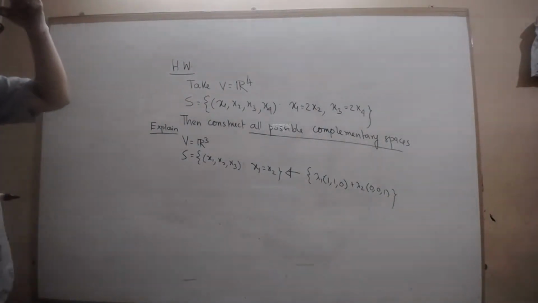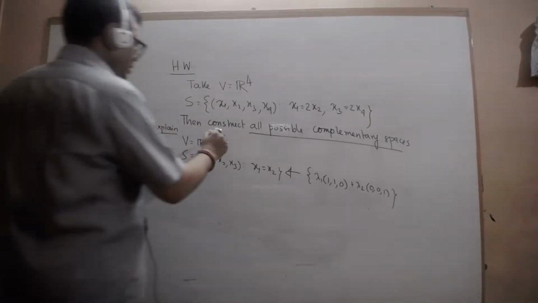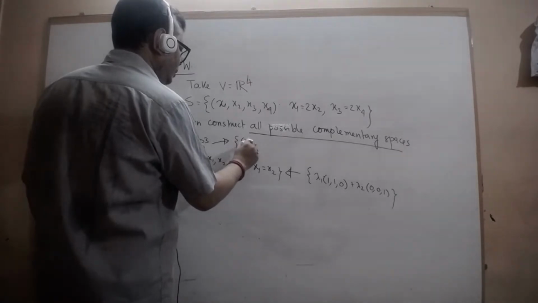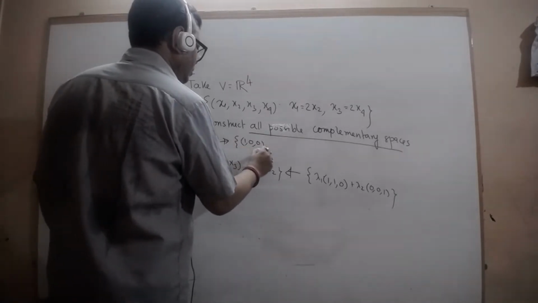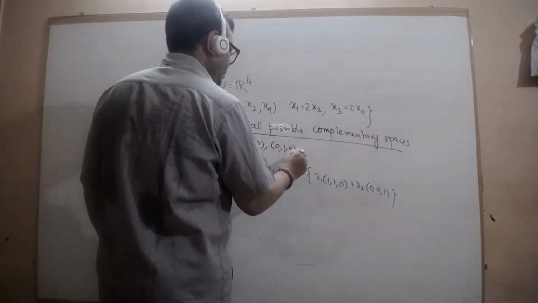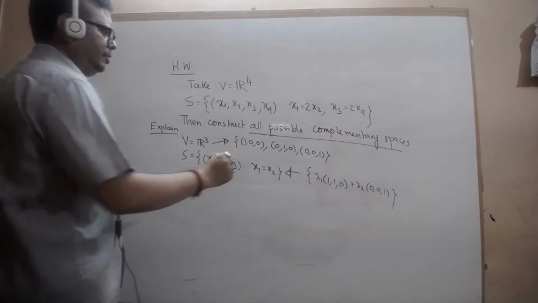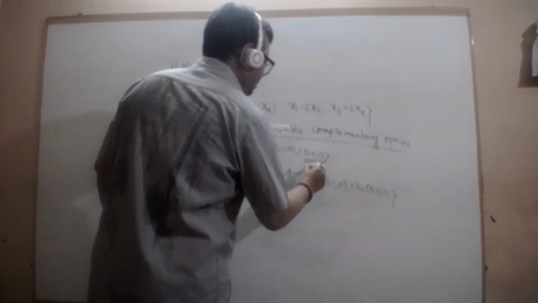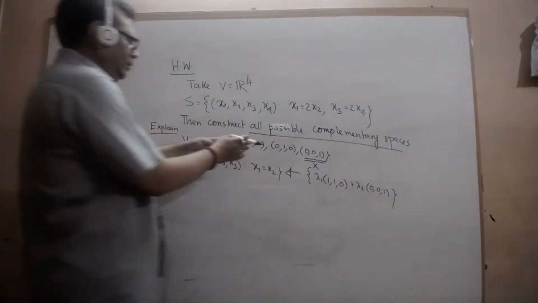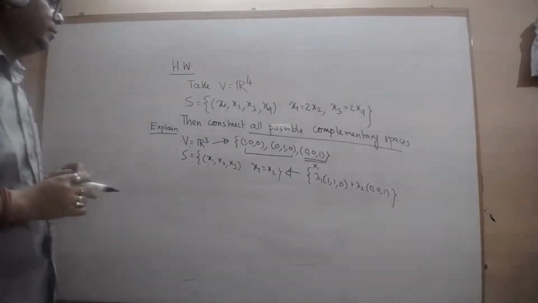If you consider the canonical basis of R cube, then except the vector 0, 0, 1, you have two vectors, that is 1, 0, 0 and 0, 1, 0.